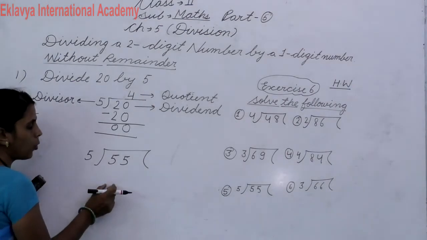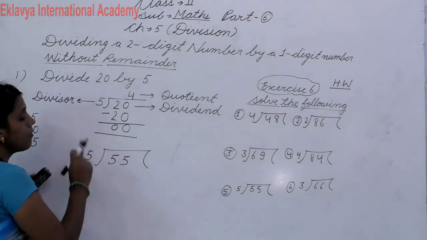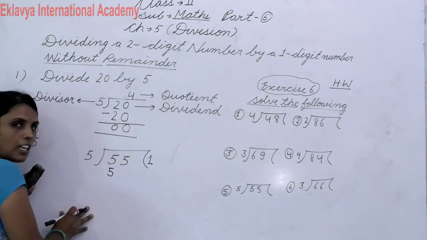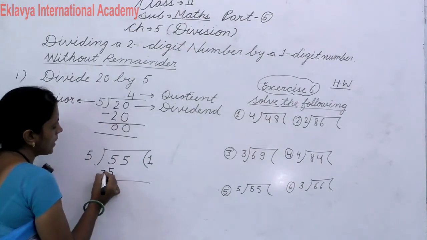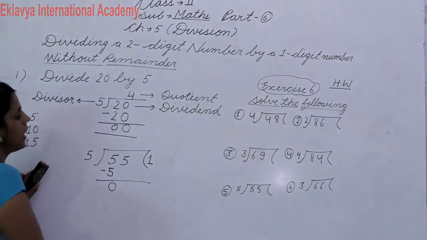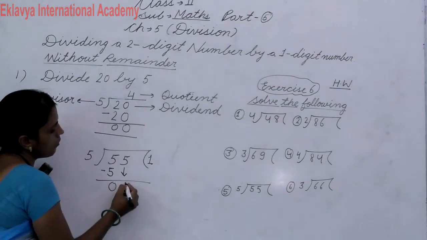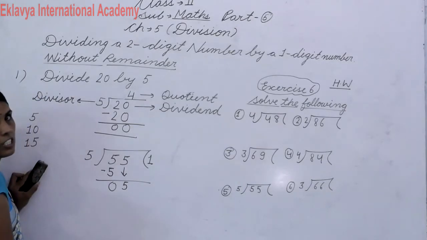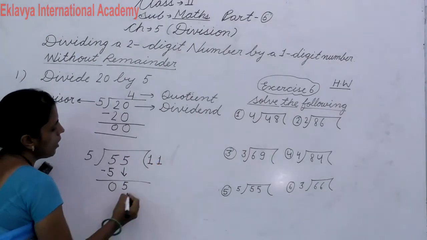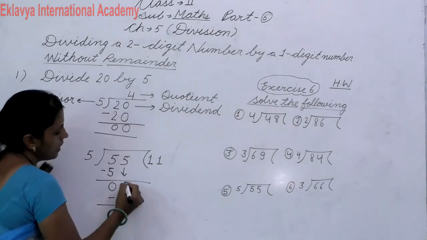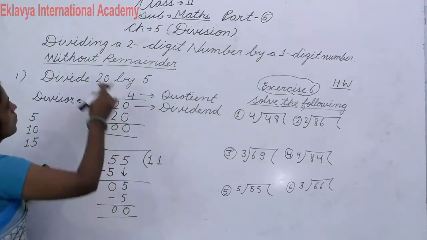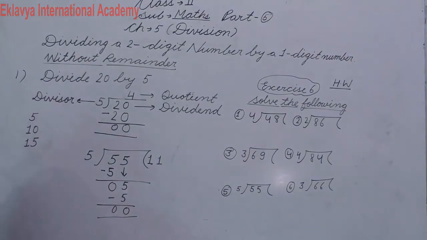Now in which number does 5 come? 1 five is 5. Got it? Yes or no? So now we will put the subtraction sign and subtract. What did you get? You get 0. Now again we will take that digit and put it in front of that digit. So we will put again 5 ones are 5. So 5 times 0 is 0 and 0 minus 0 is 0. You didn't get any remainder. So this question is a division without remainder.